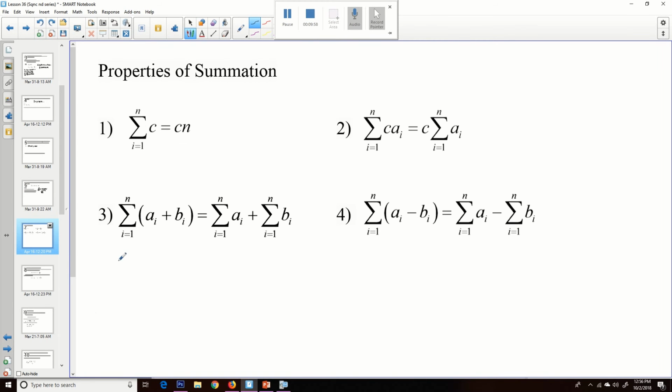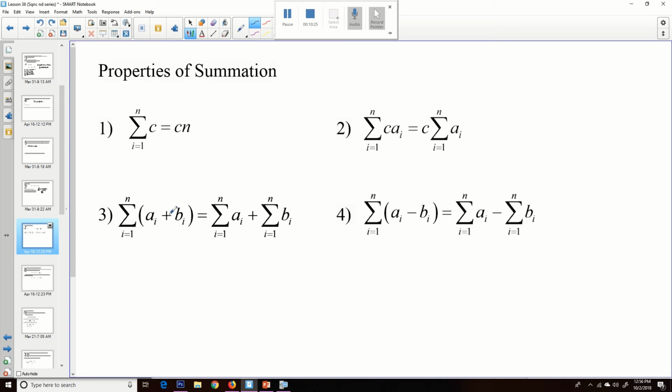Properties of summation. If you have to sum up just a bunch of constants, then you just multiply the constant times the upper limit of summation, provided that you start at 1. If you are multiplying an equation times a constant, you can factor out the constant and then just sum up the equation.